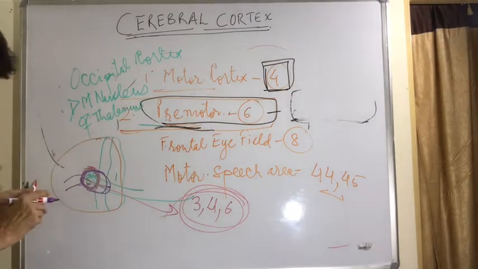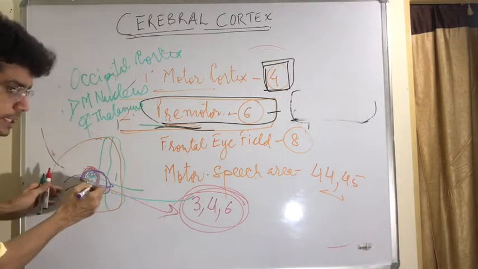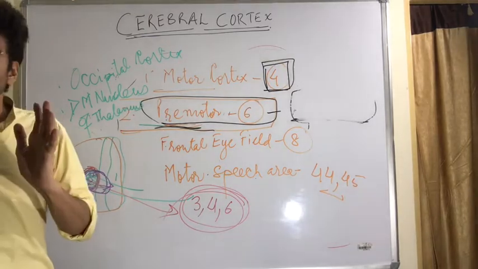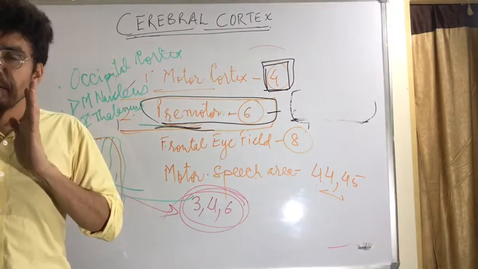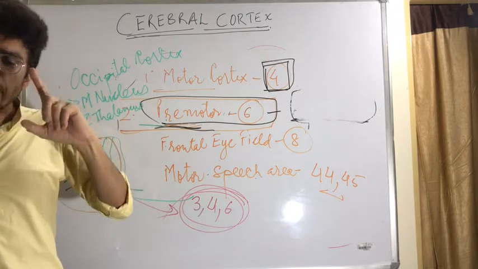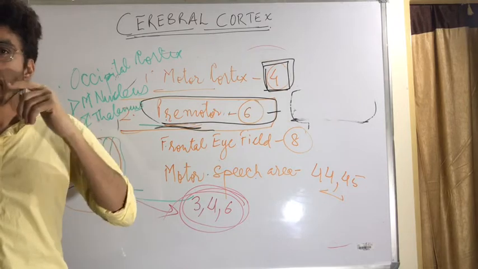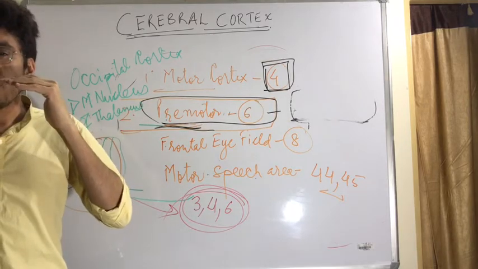So if this frontal eye field lesion extends posteriorly, then it will involve the contralateral face, but the upper part of the contralateral face is also receiving the nerve supply from the same side, so it will get spared, but the lower part of the face will be involved.